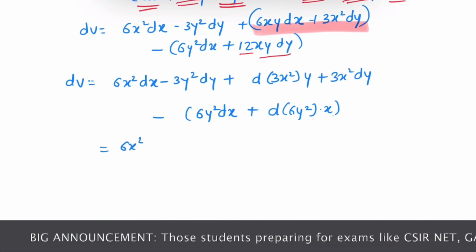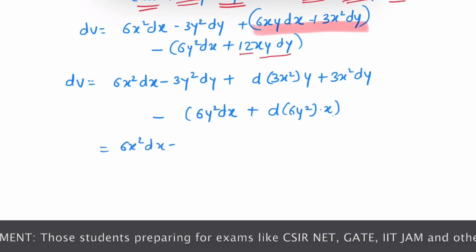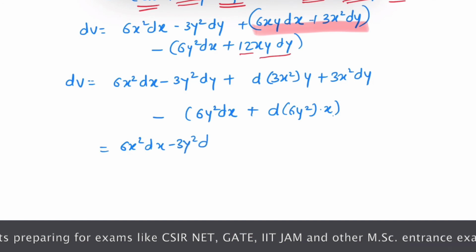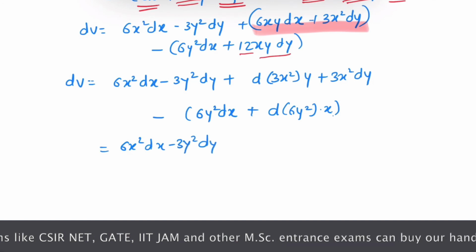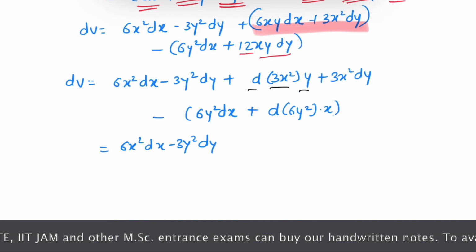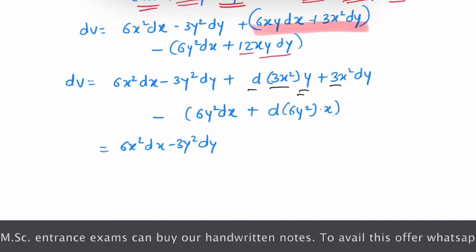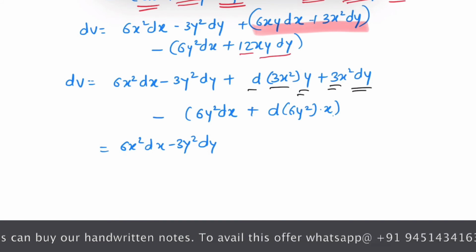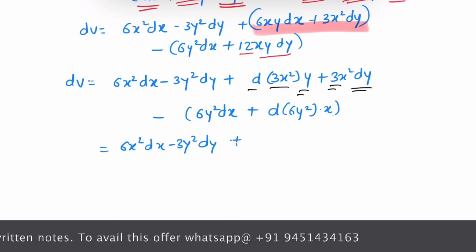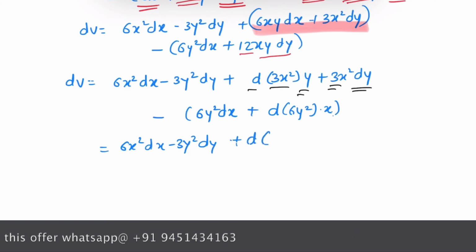So now we have 6x² dx - 3y² dy, and this is differentiation of first function into second function plus first function into differentiation of second function. So this will be the combined differentiation of first function into second function, that is 3x² y.